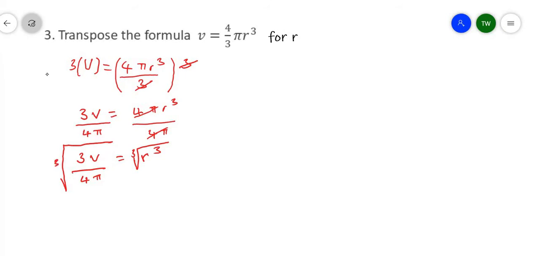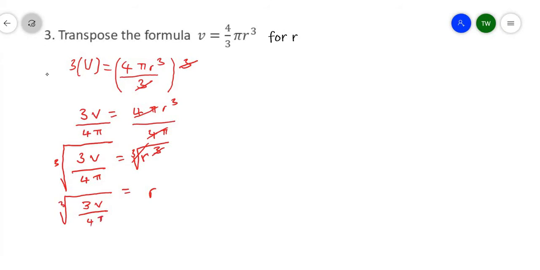Now the cube root sign will cancel out the 3 here in the power, leaves us with now r, and we write back what we have here, which is just the cube root of 3v all over 4 pi.